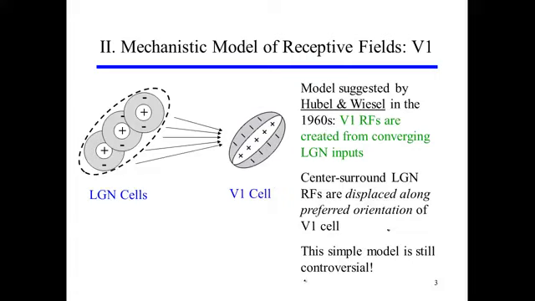This model is actually quite controversial in the sense that it does not take into account other inputs that this V1 cell is receiving. If you look at the neuroanatomy in V1, you'll find that there are a lot of recurrent connections from one V1 cell to other V1 cells. So each V1 cell receives inputs from its counterparts within V1, in addition to the feed-forward inputs from the LGN.